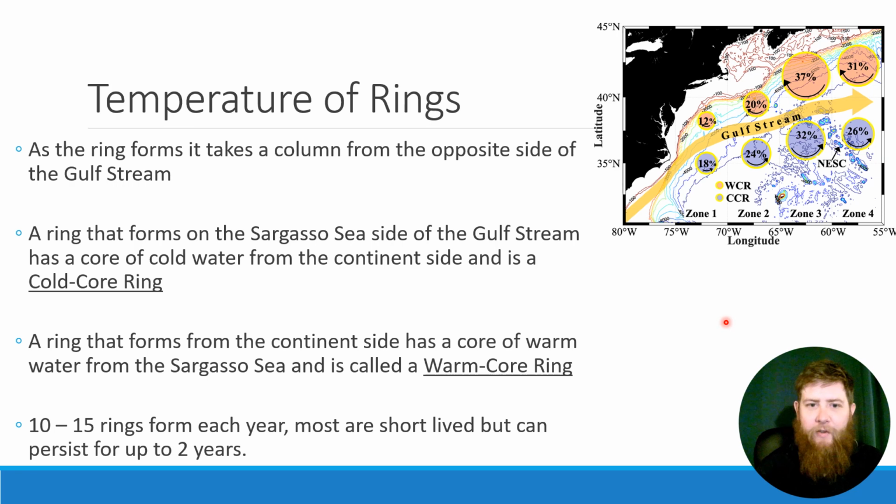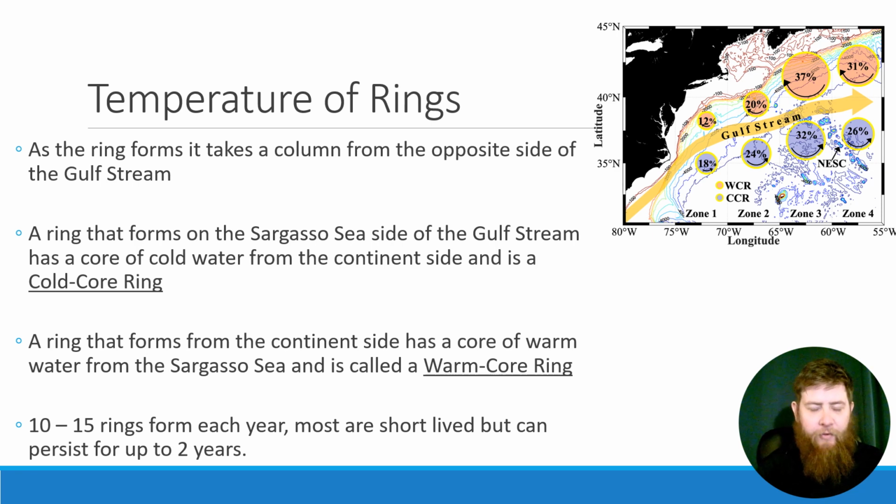So a ring that's forming on the Sargasso Sea side of the Gulf Stream, down here, takes some of the cold water from the continent side and forms a cold core ring. Or vice versa, if it's forming on the continent side of the Gulf Stream, it takes warm water from the Sargasso Sea down here and moves it up and around into that area up there, and it's called a warm core ring.